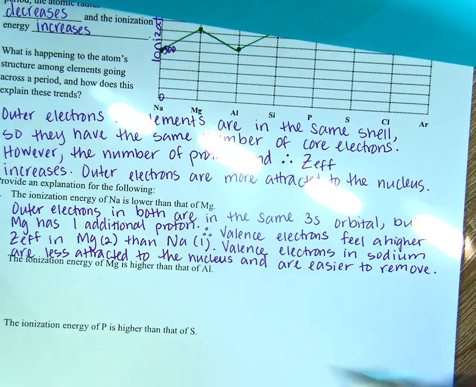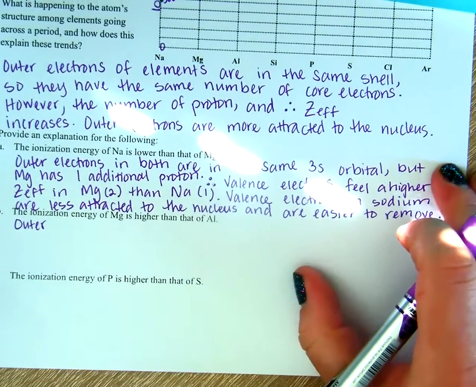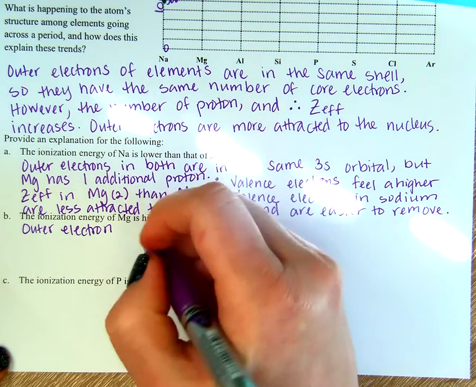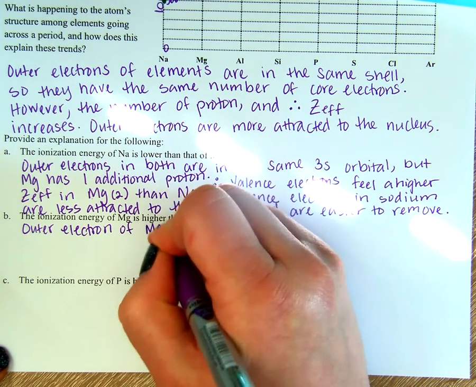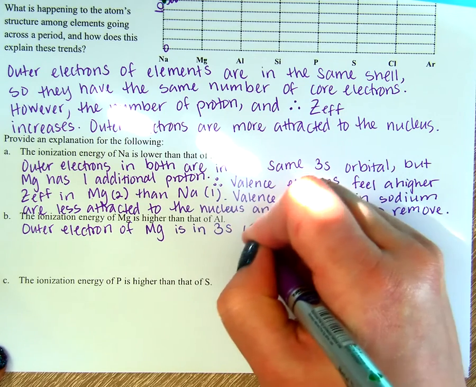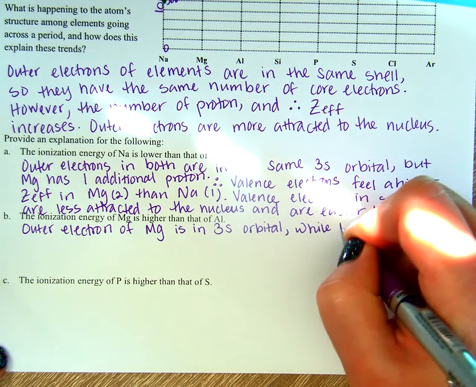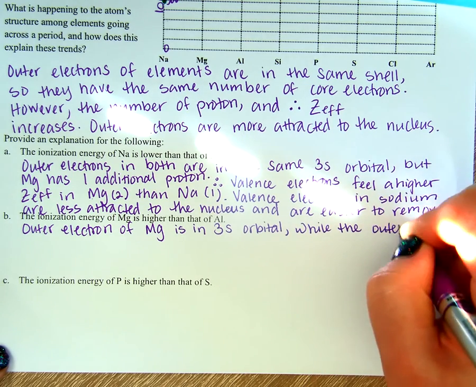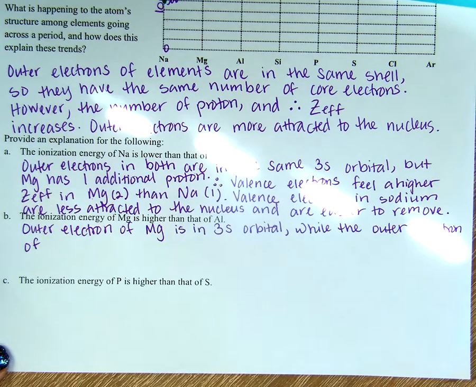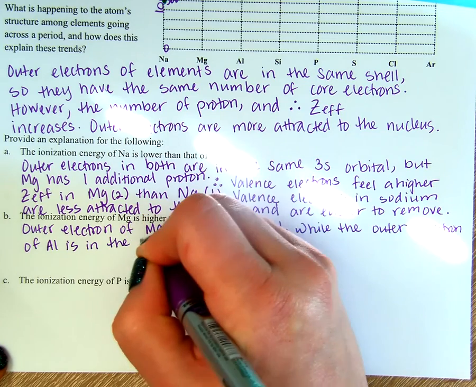So let's summarize. The outer electron of magnesium is in the 3s orbital, while the outer electron of aluminum is in the 3p orbital.